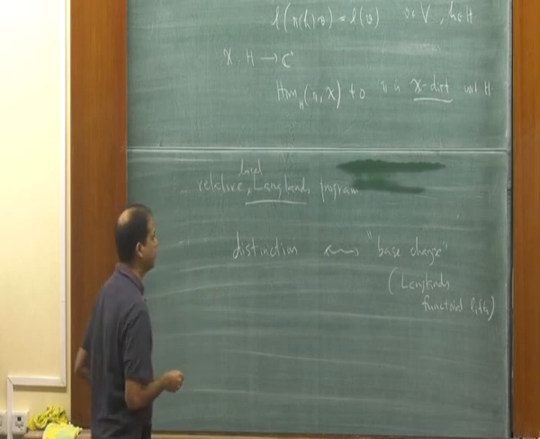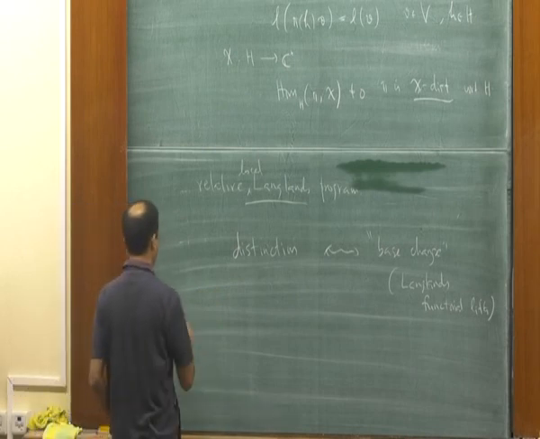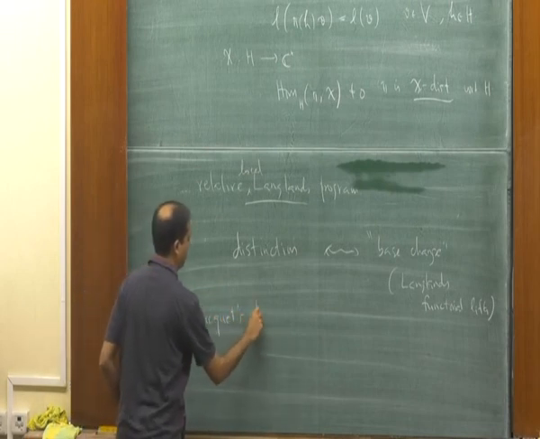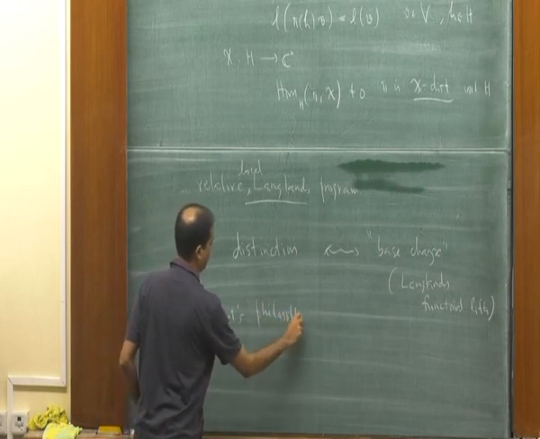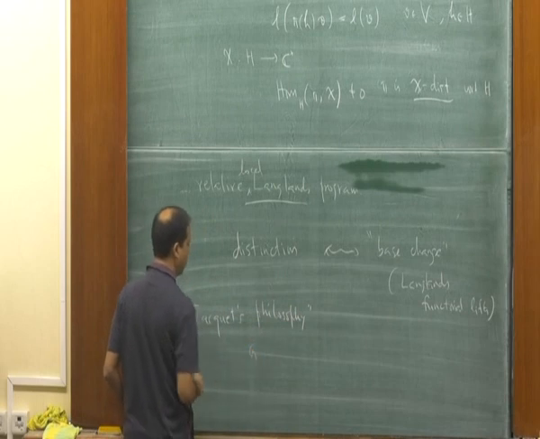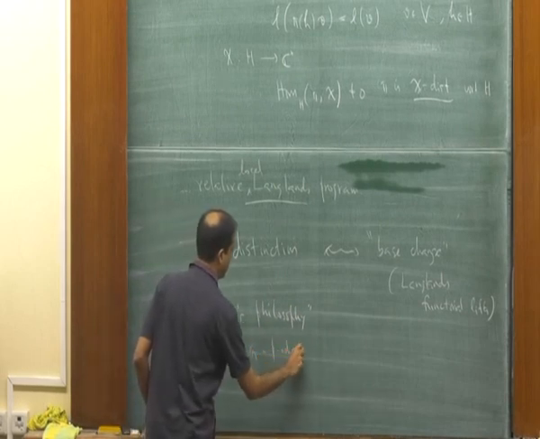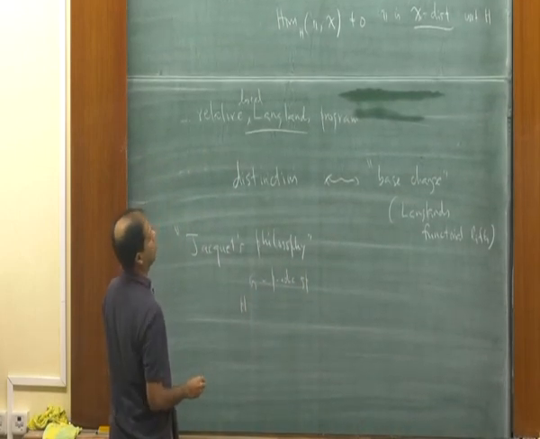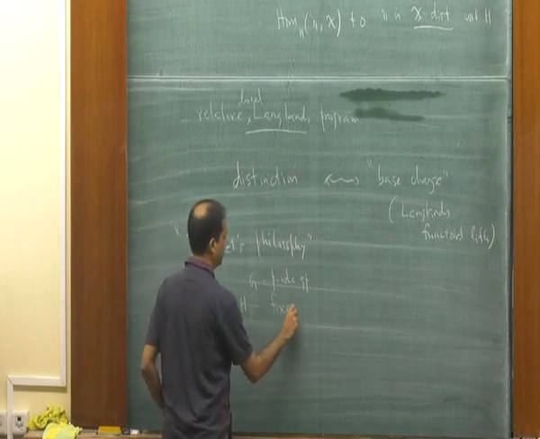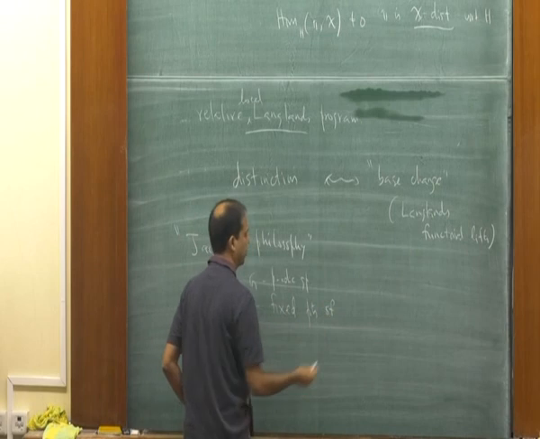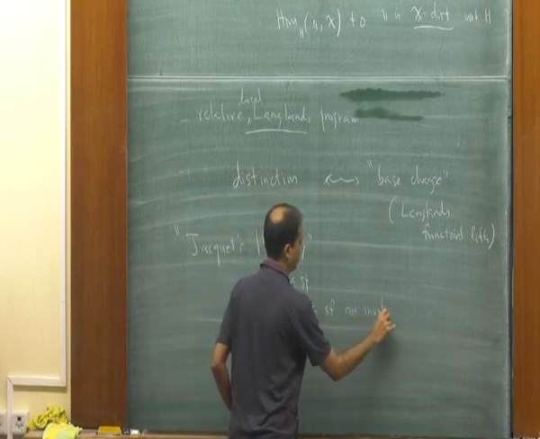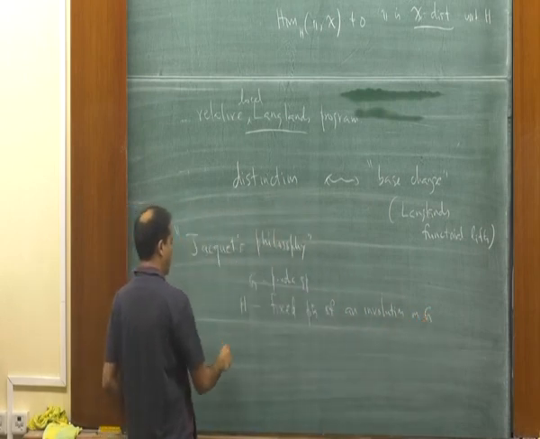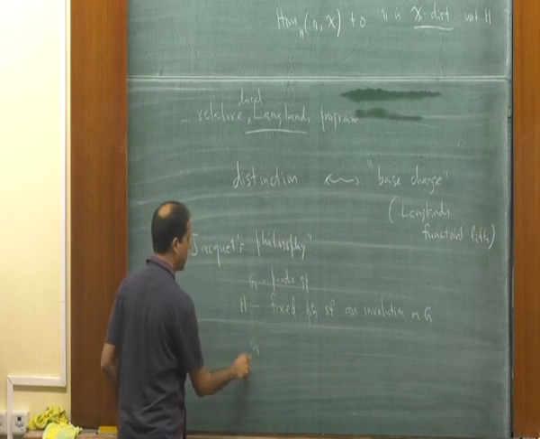A bit more precisely, there is what many people call Jacquet's philosophy, after Hervé Jacquet. G is a p-adic group, as earlier, and H is not any subgroup, but the fixed points of an involution on G. So in this special case, you have G and H, the fixed points of an involution.